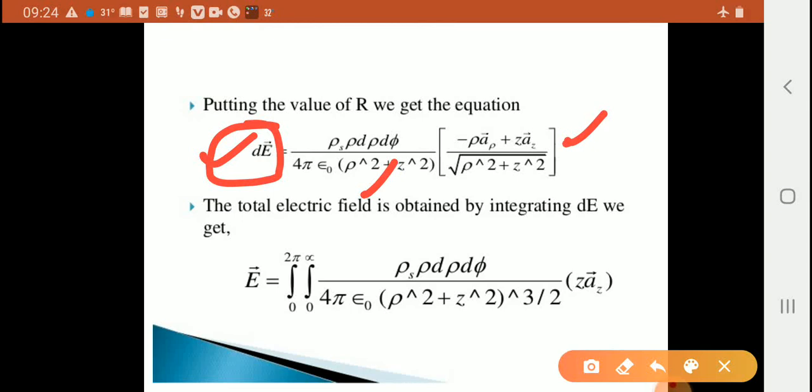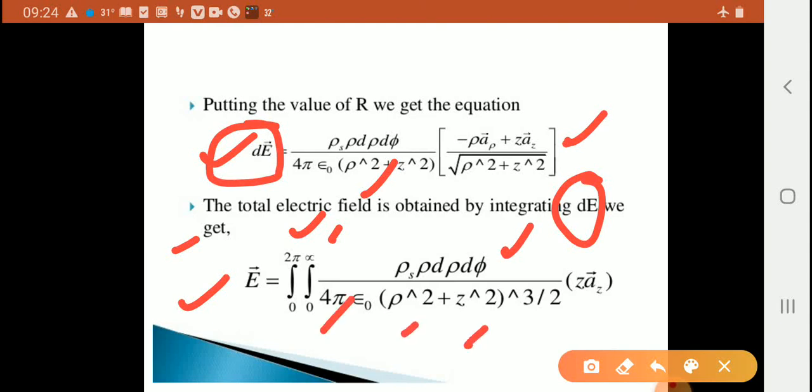The total electrical field is obtained by integrating dE. We get E equal to the integration from 0 to 2 pi and 0 to infinity of rho s rho d rho d phi upon 4 pi epsilon 0 (rho square plus z square) to the 3/2 power, z a z.